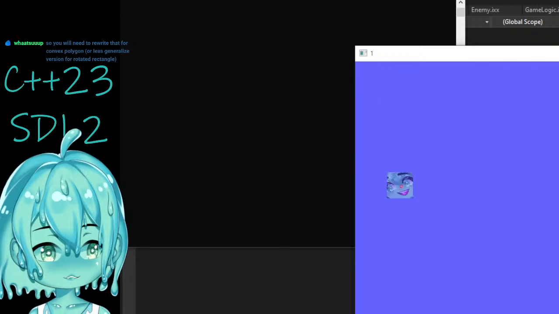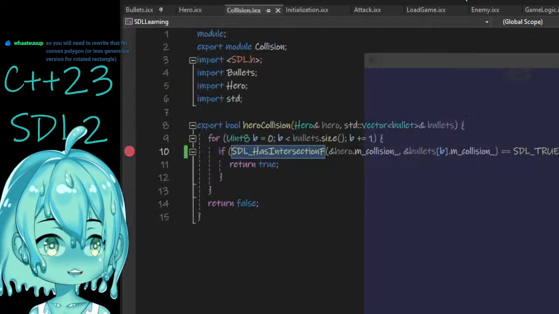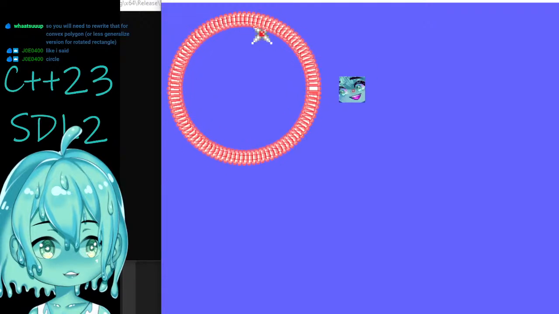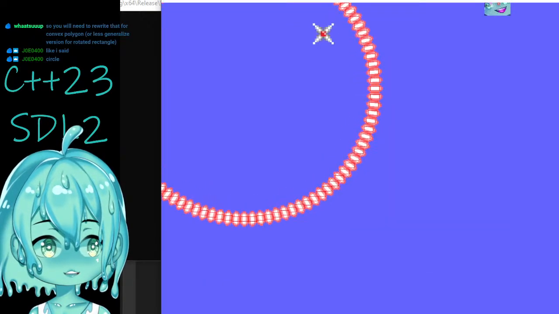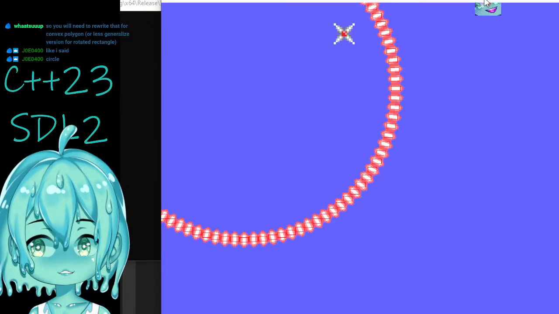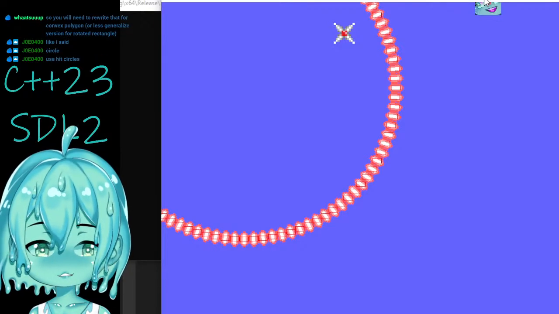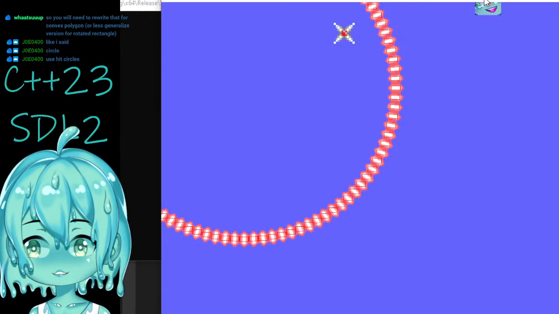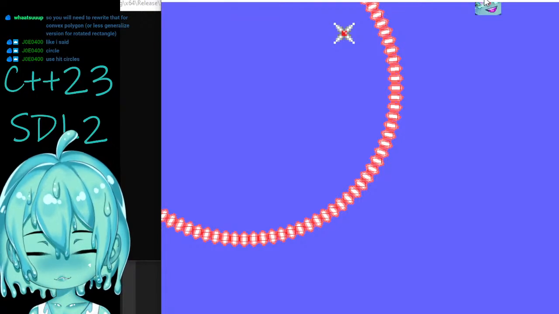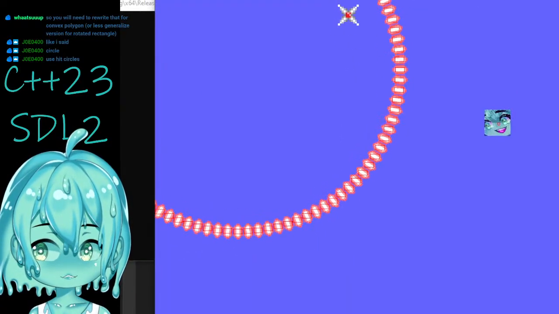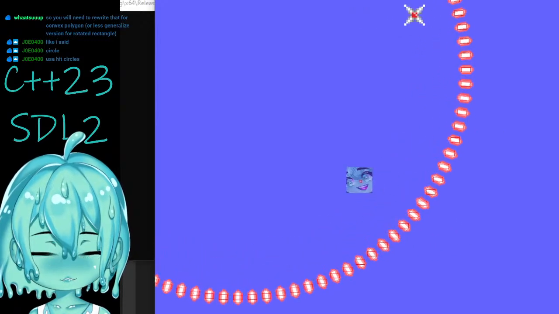It's the bullets going down that mess me up. You can see here, the collision box at 0 degrees is perfect, but at 270 degrees, it's completely sideways. There's really no way to rotate those boxes. Oh, that is so cringe.